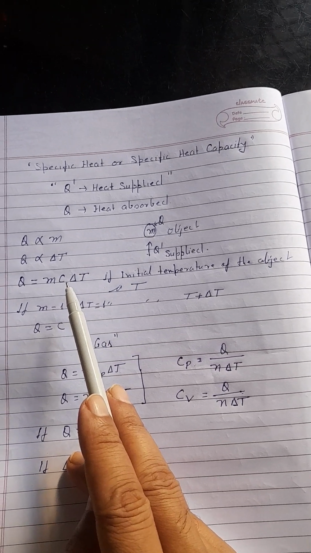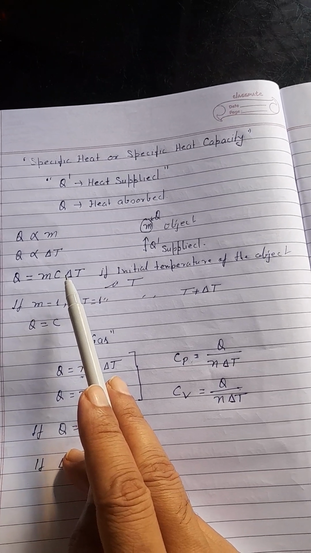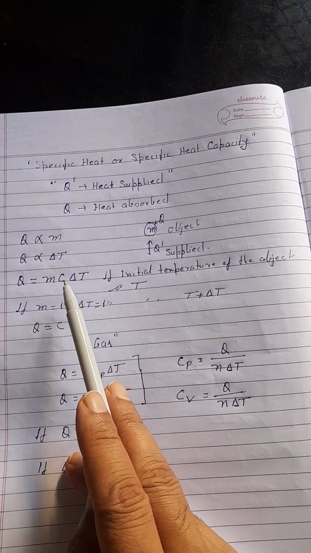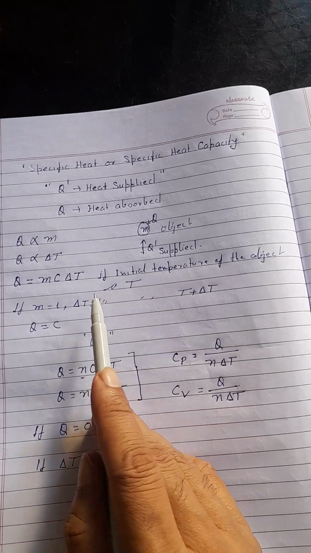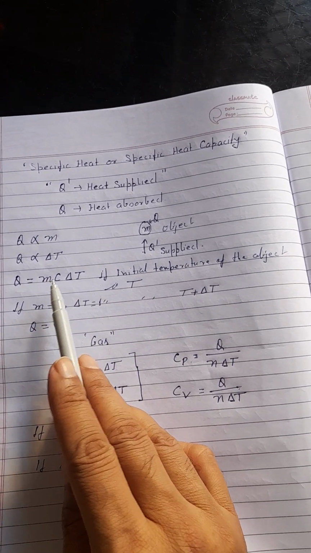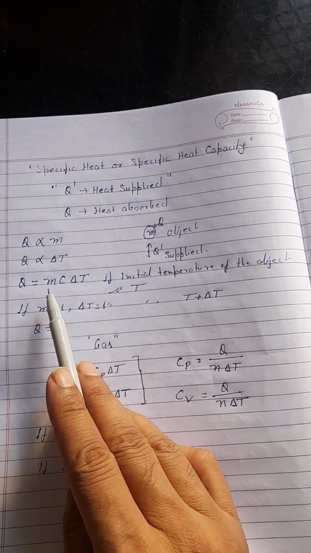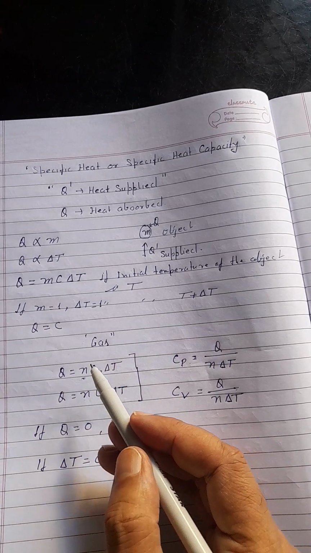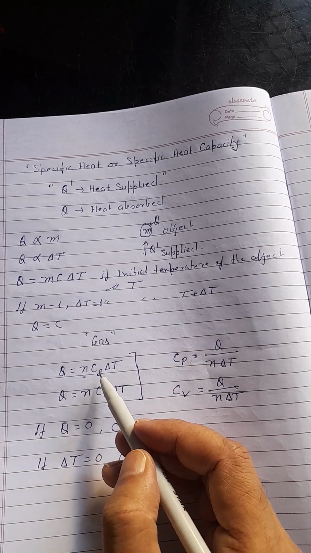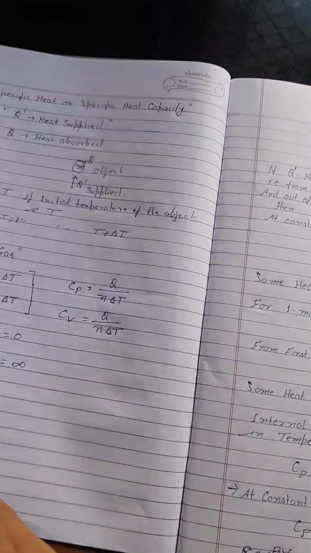It is known as the specific heat capacity of the object or the substance or the material. Okay, now it is clear. So m is the mass. Simply we are saying specific heat capacity. But if in place of the mass it is n, then this specific heat is known as the molar specific heat capacity. I hope the concept of the specific heat has been clear.